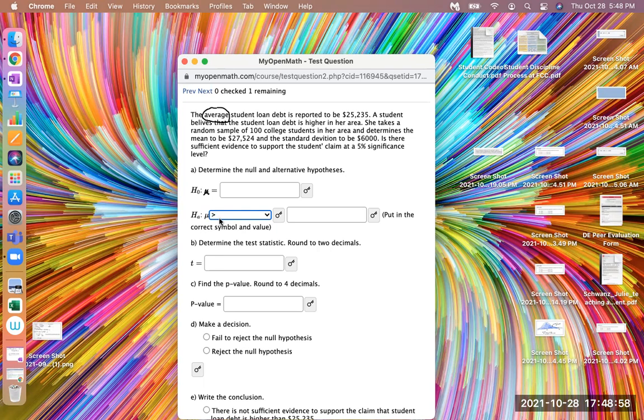I will tell you that a few of these problems actually didn't do that. They were like, I'm trying to prove that the mean is higher than 25,000, and then they came with the sample evidence and the sample evidence was like 22,000 or whatever.